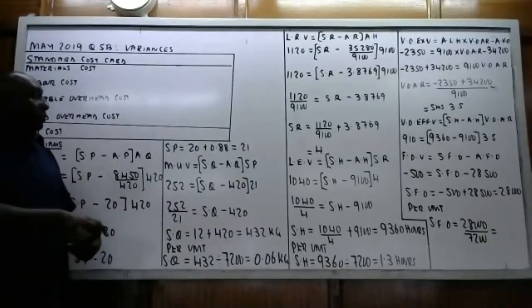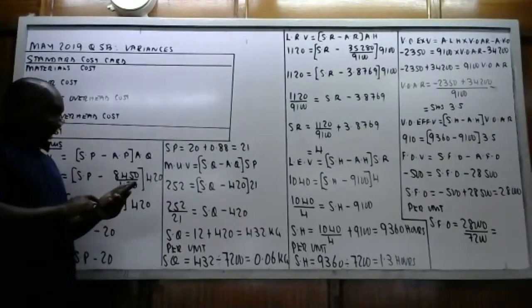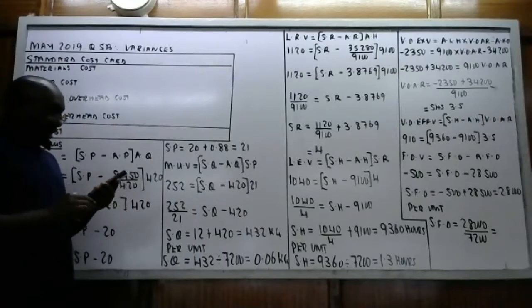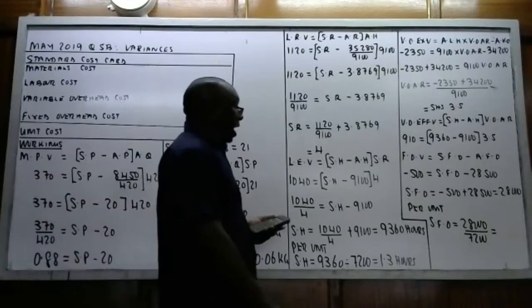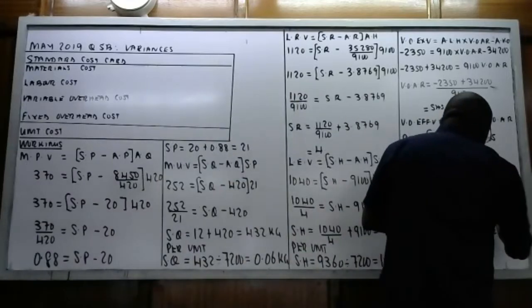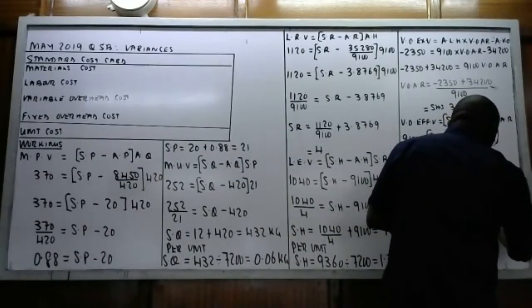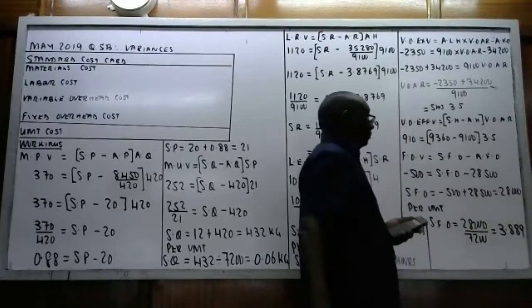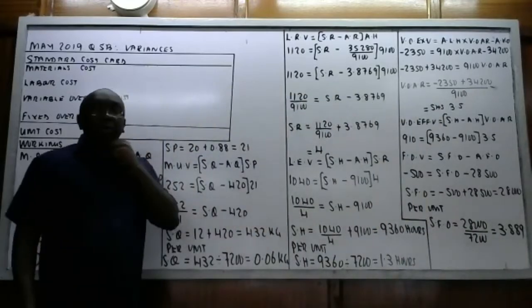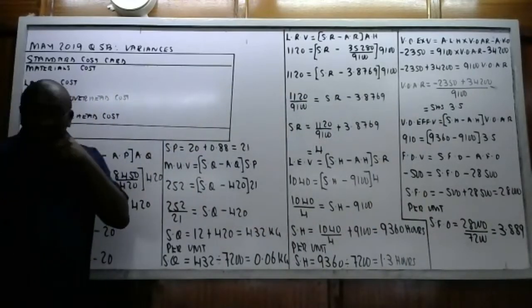So 28,000 divided by 7,200 is 3.889. So you can work with that.